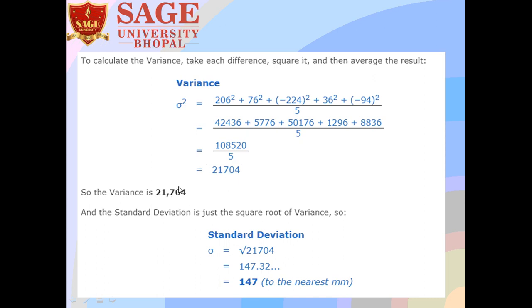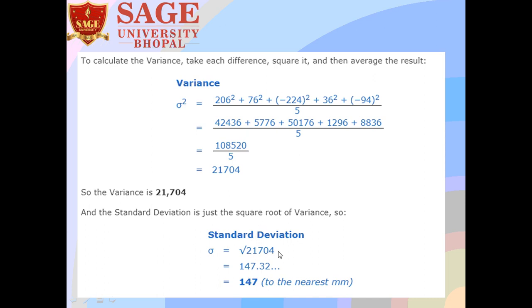To calculate the standard deviation, we take the square root of this, and we get 147.32. We take the nearest value, that is 147. So this is our standard deviation.